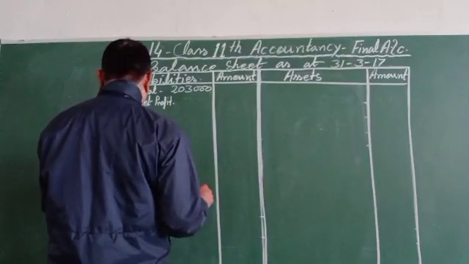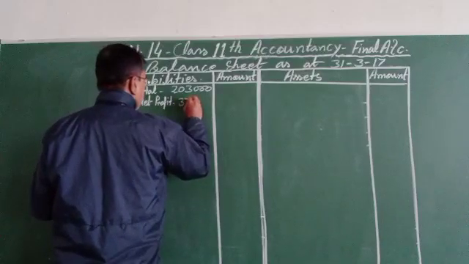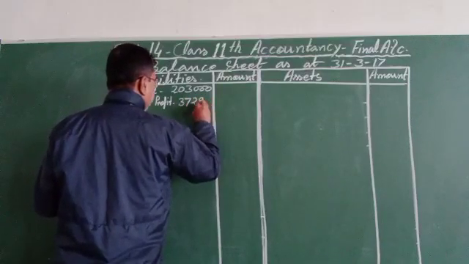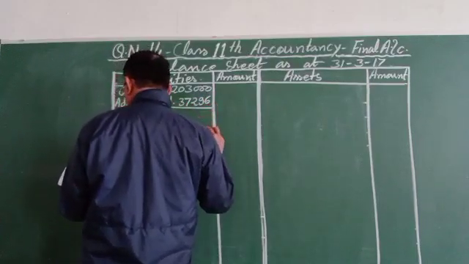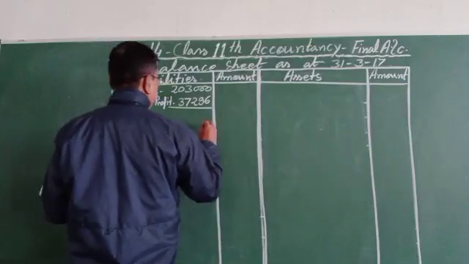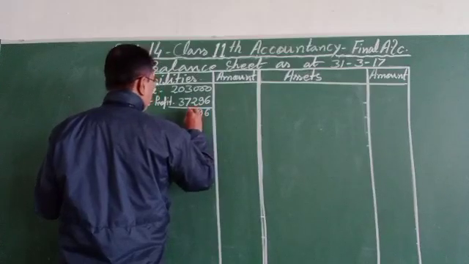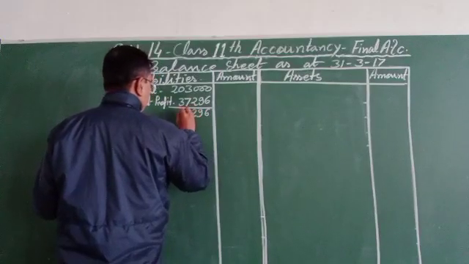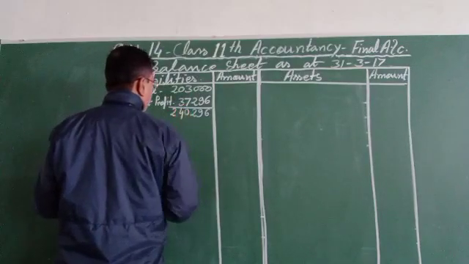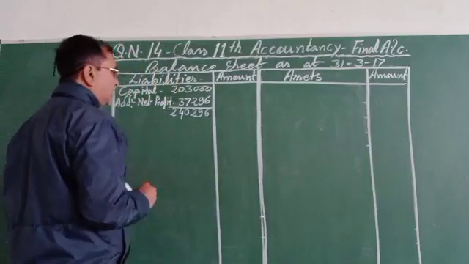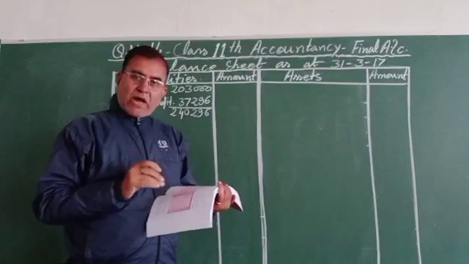So we have to add this: 37,296. The total is 2,40,296.